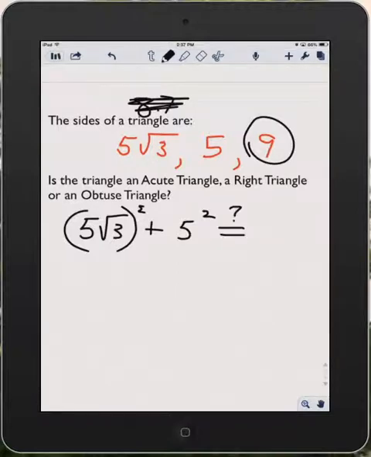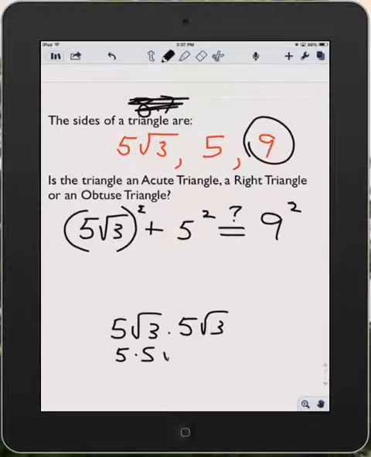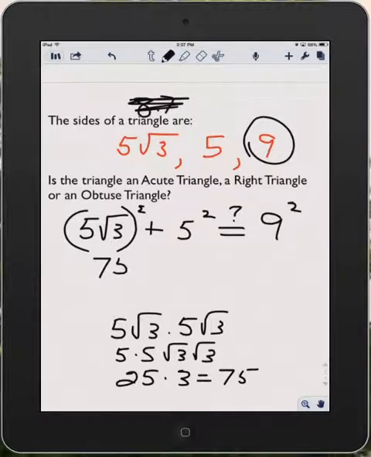Does that equal 9 squared? 5 square root of 3 squared. 5 times square root of 3 times 5 times square root of 3 is 5 times 5 times square root of 3 times square root of 3. Or you could be using a calculator, but 25 times 3, that first value is 75. Plus 25. Does that equal 81?